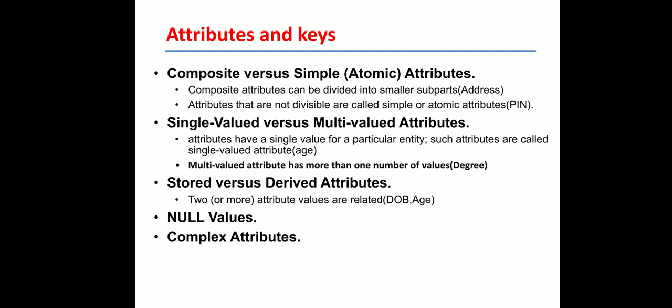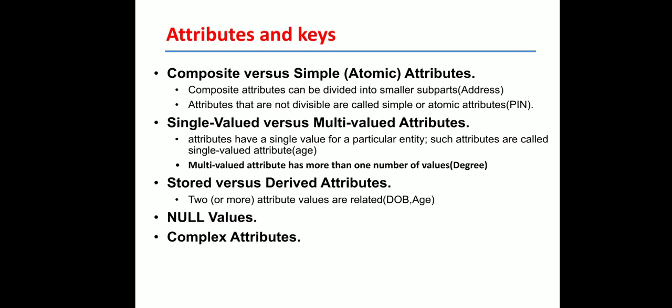But in a multi-valued attribute, that particular attribute can have more than one value. For example, suppose I have completed my BE engineering and I also completed MTech. I have two degrees here. If I have an attribute called degree, then this attribute can have two values. One is BE and one more is MTech.